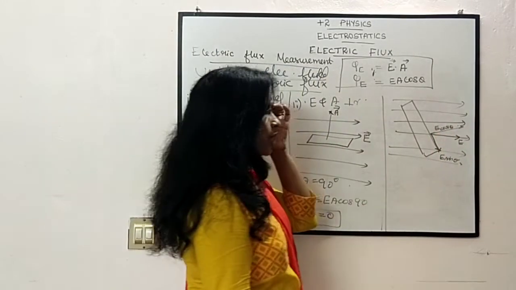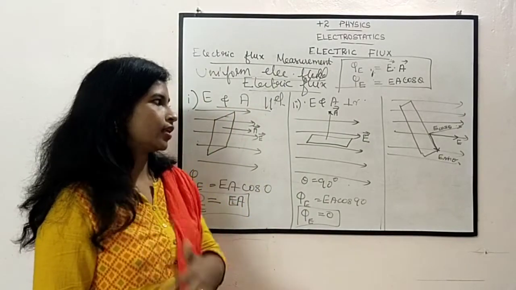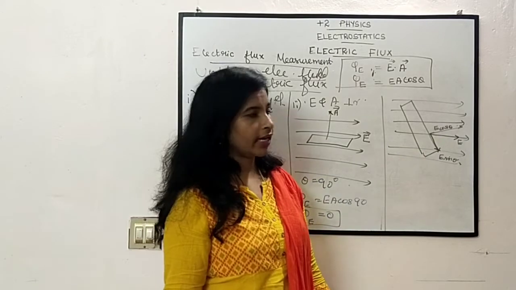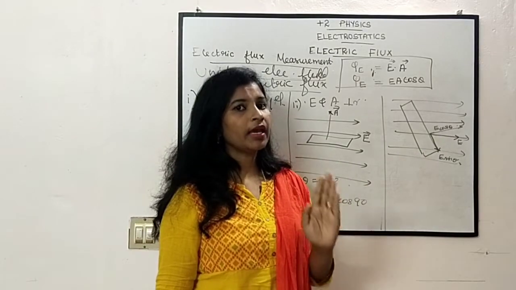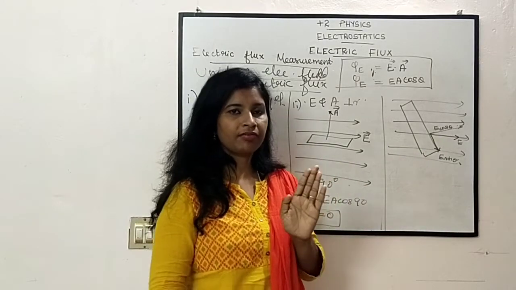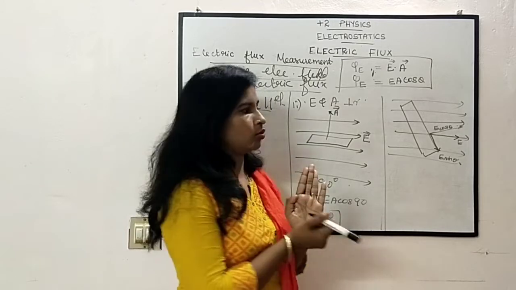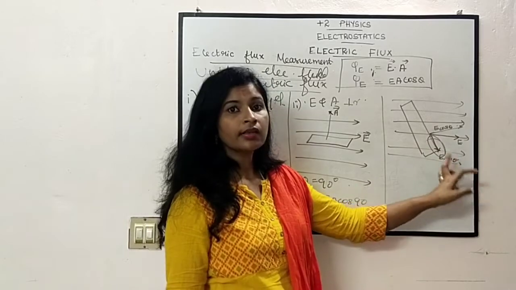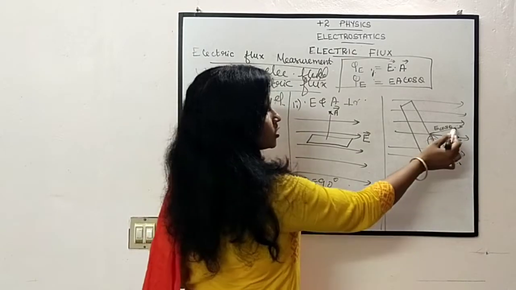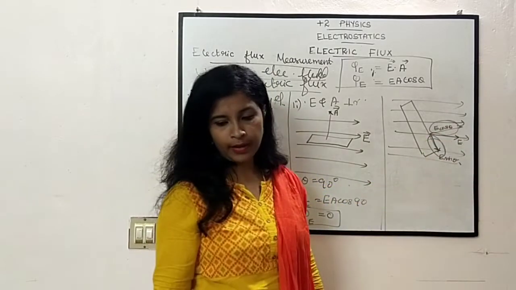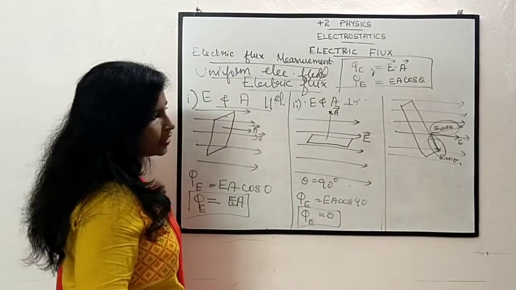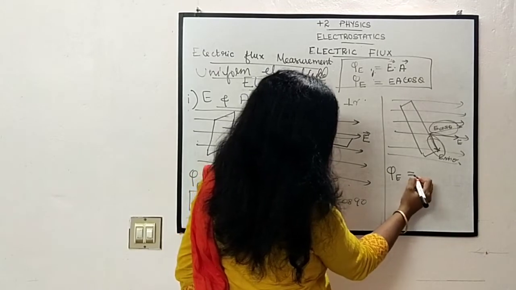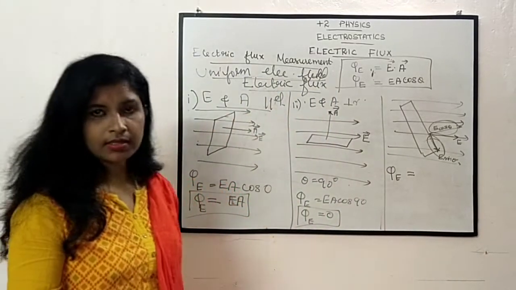So we are going to find out the area vector now. How will we find it? Using the components, we can find the area vector. We know the area vector will always be perpendicular to the plane. So this E sin theta is parallel to the plane, but this one is perpendicular to the plane.